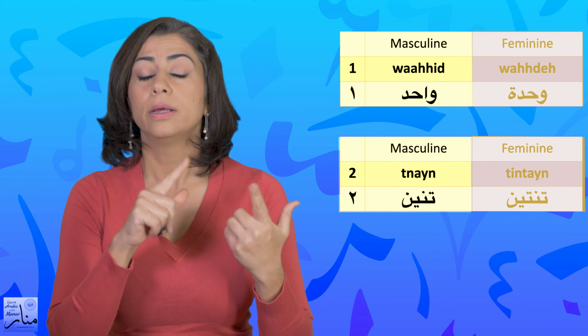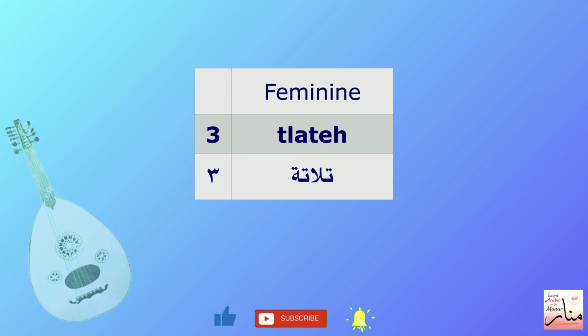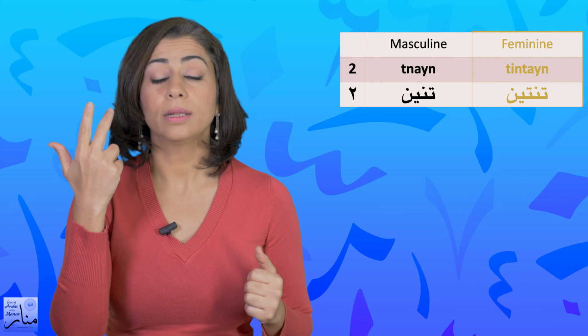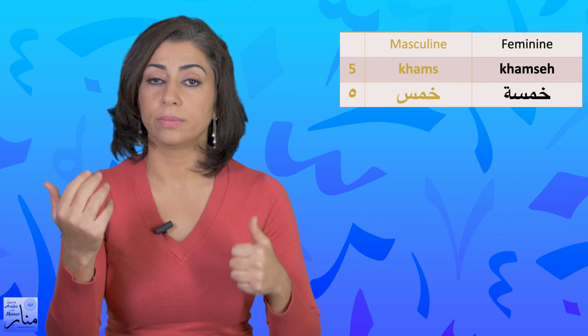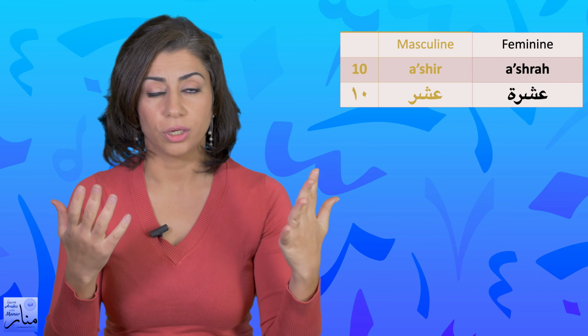And after that I will use feminine for the rest: ثلاثة, أربعة, خمسة, ستة, سبعة, ثمانية, تسعة, عشرة. So we are starting with masculine, and from 3 to 10 we are using feminine. واحد, اثنين, ثلاثة, أربعة, خمسة, ستة, سبعة, ثمانية, تسعة, عشرة.